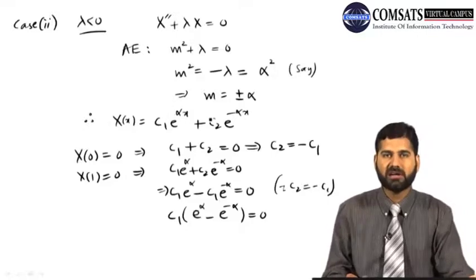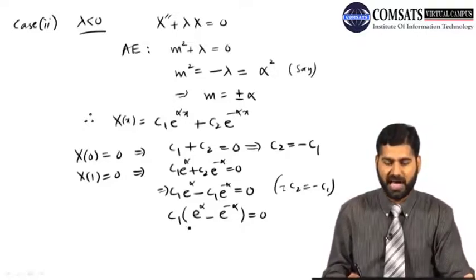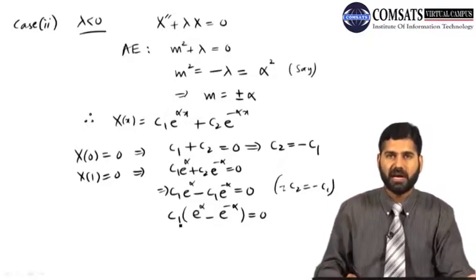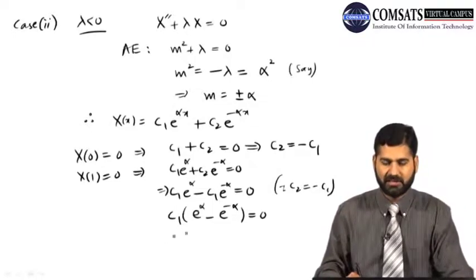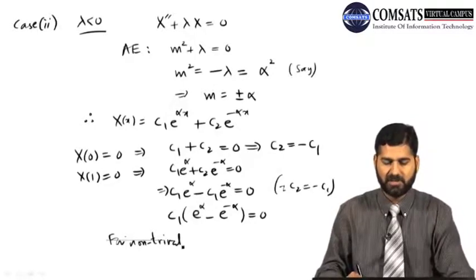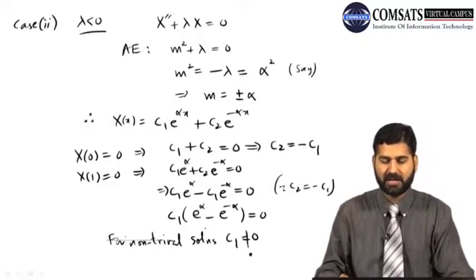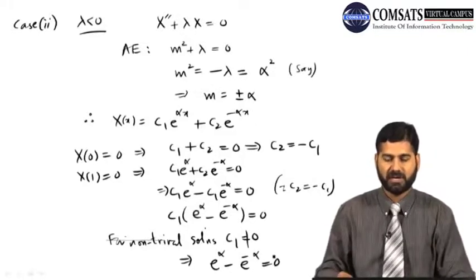As we know that we are not interested in 0 solutions, I have to make c1 not equal to 0, at least I will try. So for non-trivial solutions, c1 has to be not equal to 0. So e^alpha minus e^(-alpha) should be equal to 0.